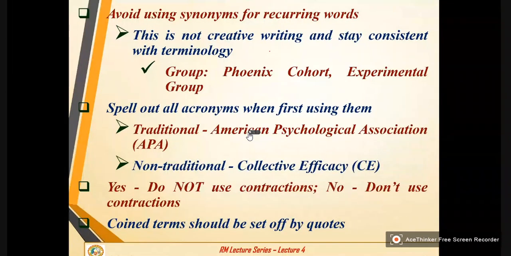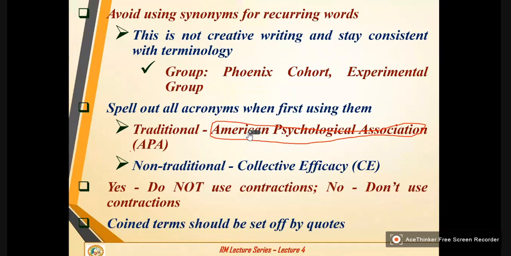Then spell out all acronyms when first using them. Suppose when you are using abbreviations, you first have to identify those abbreviations when you use them. For that, there is a reference you have to follow: the American Psychological Association, APA.